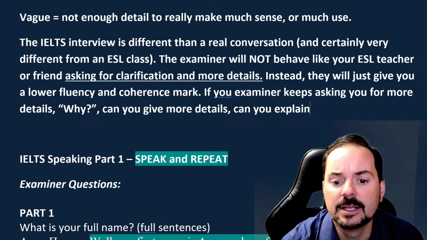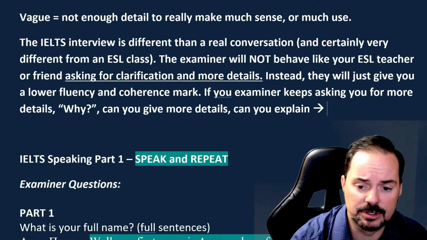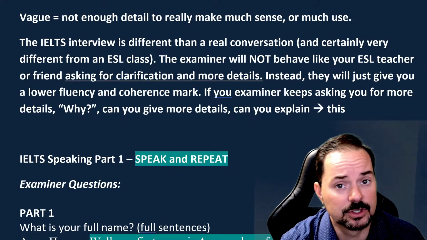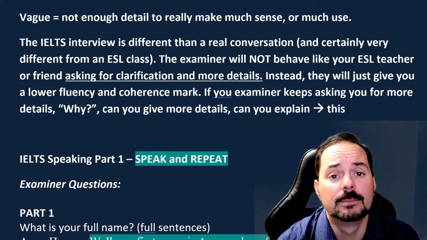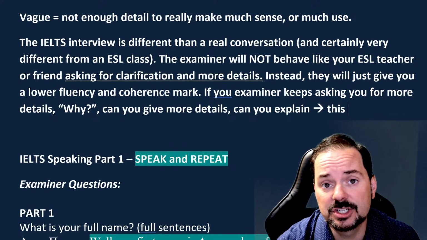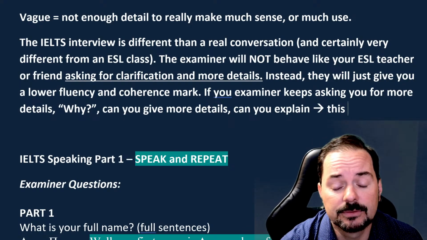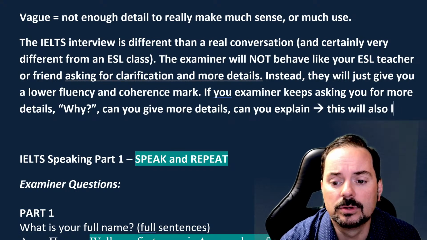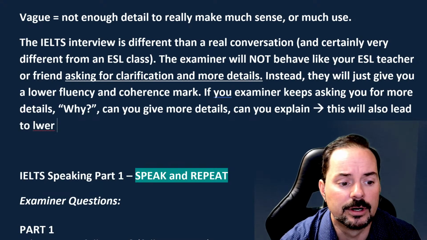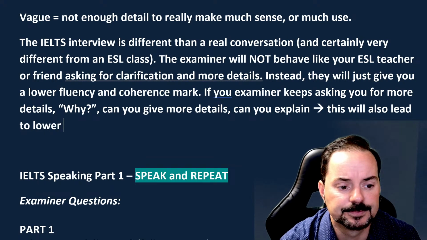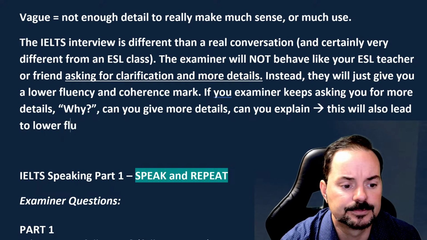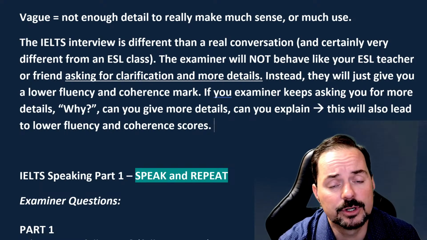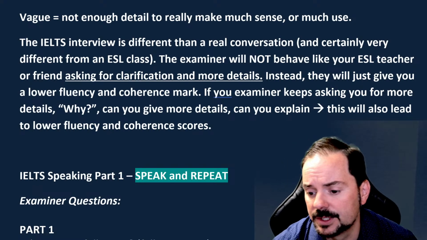Can you explain? This will also lead to lower scores. Now, don't panic if they ask you once or twice. It's not the end of the world. But if they're asking you these questions frequently throughout the interview, that's a problem. So this will also lead to lower fluency scores. And those are your most important scores, your coherence and your fluency.